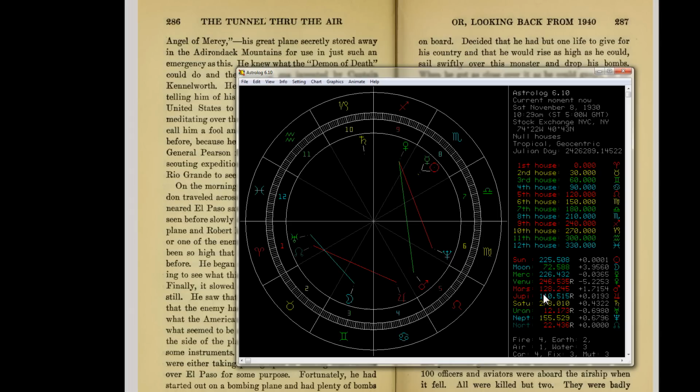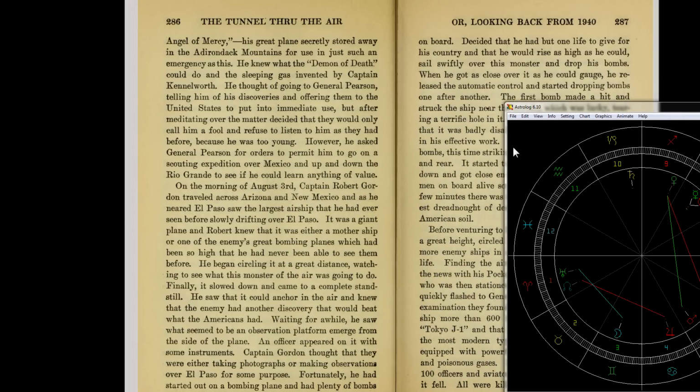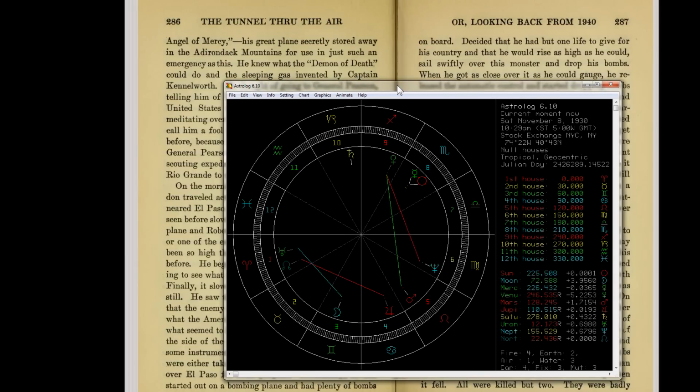But this year, Jupiter's north node was at about 110 degrees. So this right here is what's being described in this story as far as the Tokyo J-1 goes, because Jupiter stopped right on its north node, just like the Tokyo J-1 stopped above El Paso.